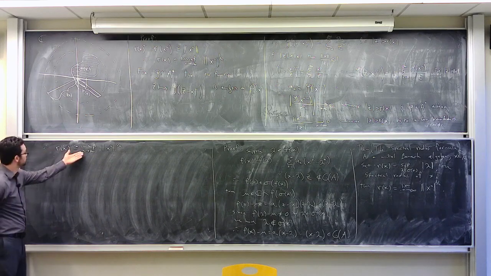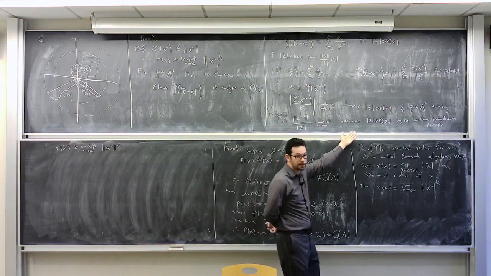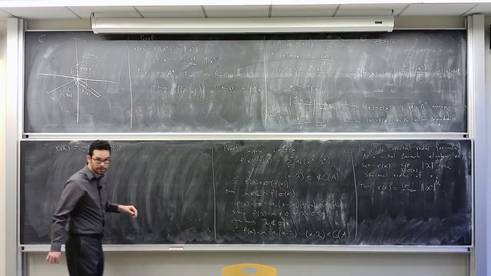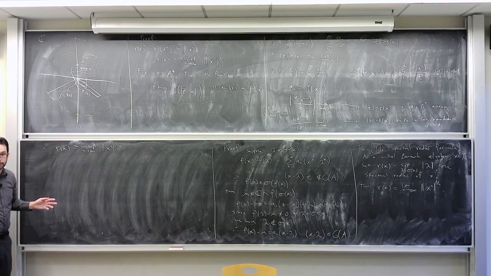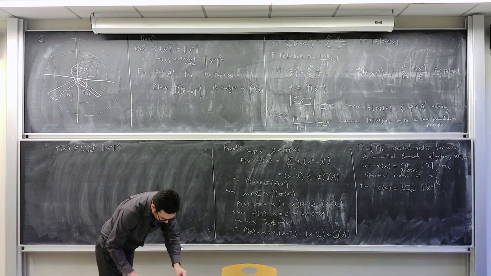Because if this wasn't greater than or equal to it, that would allow us to choose some z such that this cannot hold. Okay. Any questions about that? So that's the spectral radius formula.